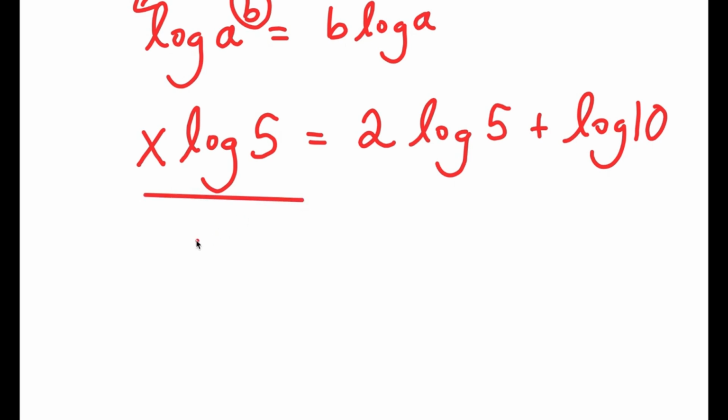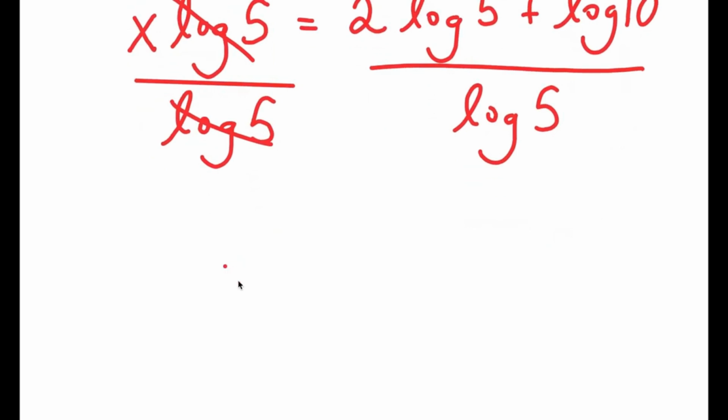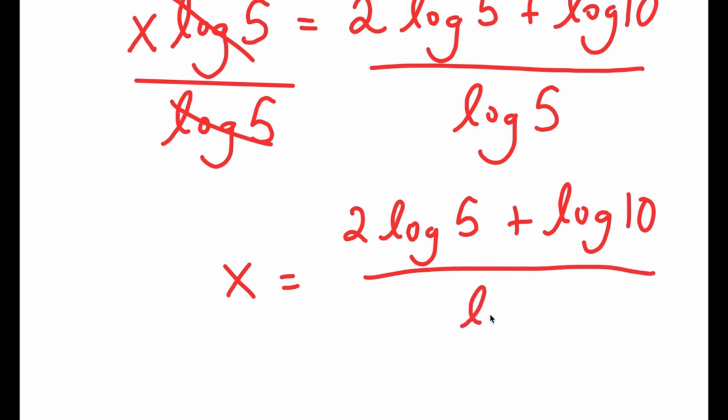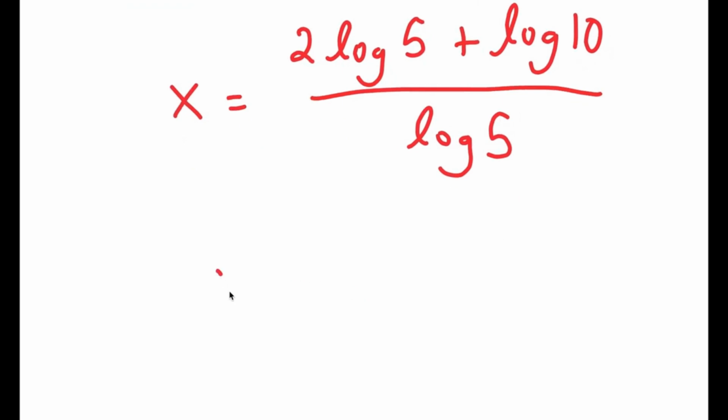Now I'm going to divide both sides by log 5. So then these two cancel out, and I get x is equal to 2 times log 5 plus log 10 over log 5. Now, if you guys already know, log 10 is equal to 1.